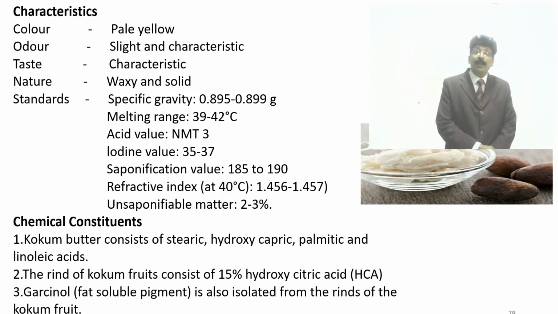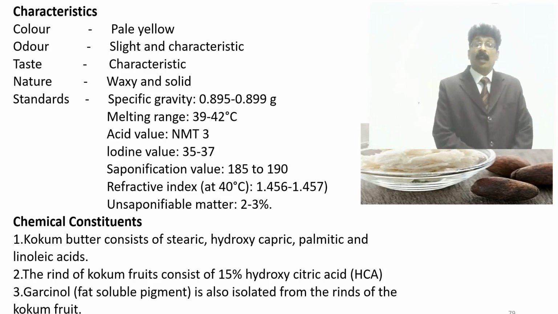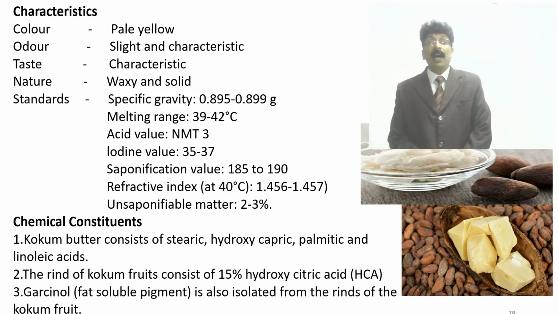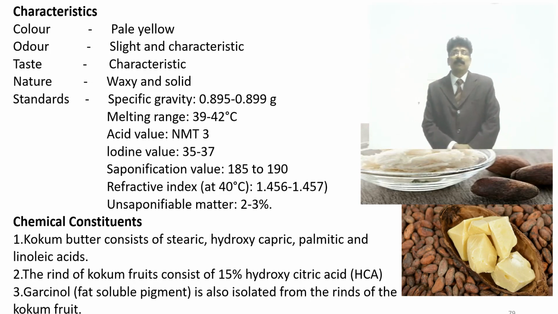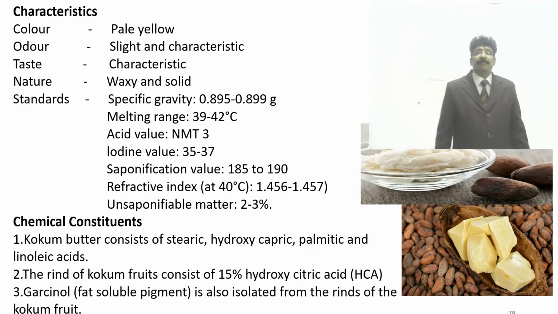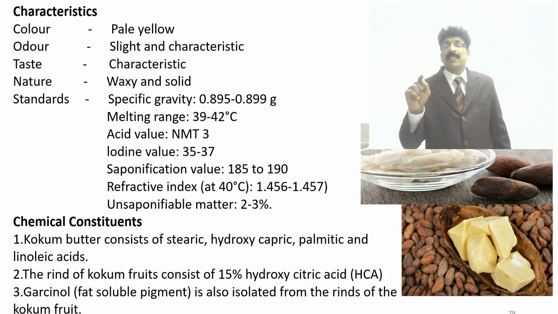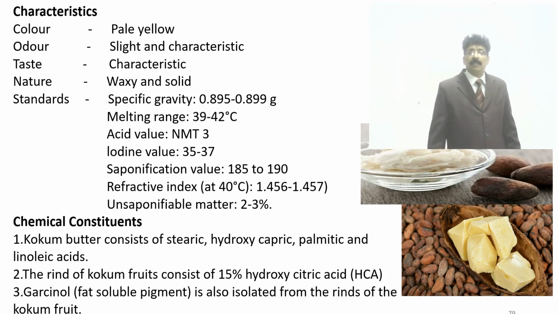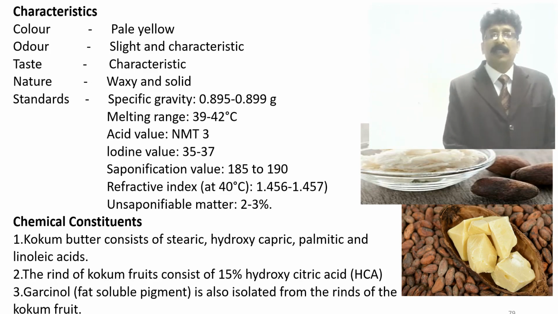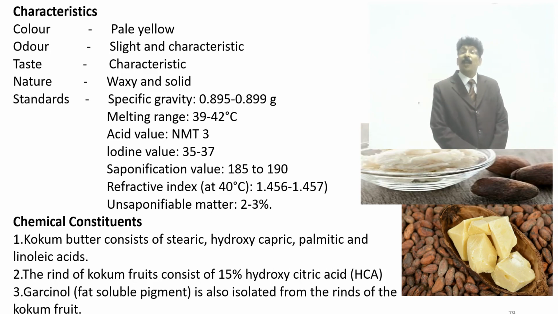Melting point 39 to 42 degrees centigrade, acid value not more than 3, iodine value 35 to 37, saponification value 185 to 190, refractive index at 40 degrees centigrade 1.456 to 1.457. Unsaponifiable matter is 2 to 3%. You can see the kokum butter and the seeds, pale yellowish in color.